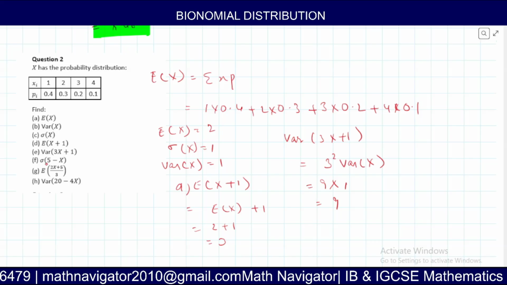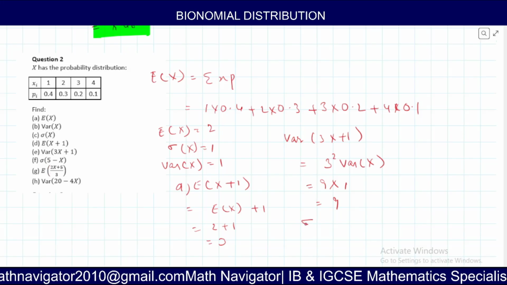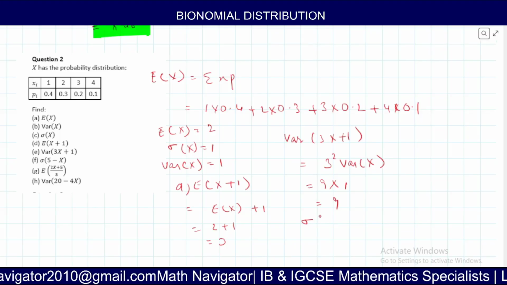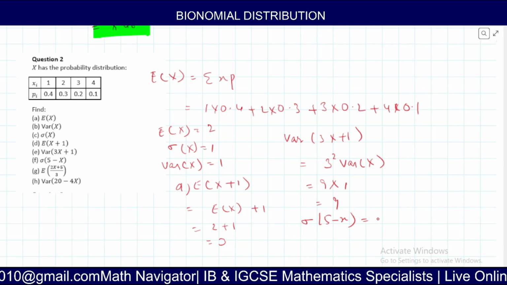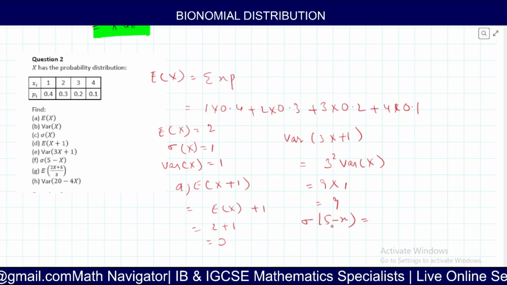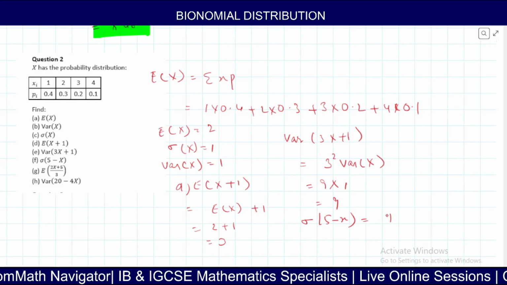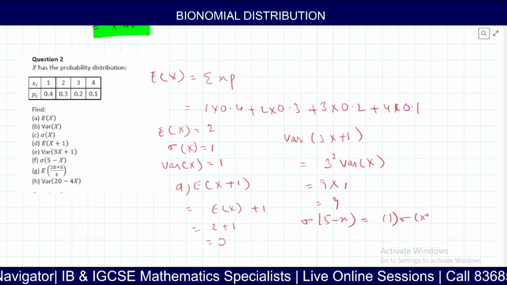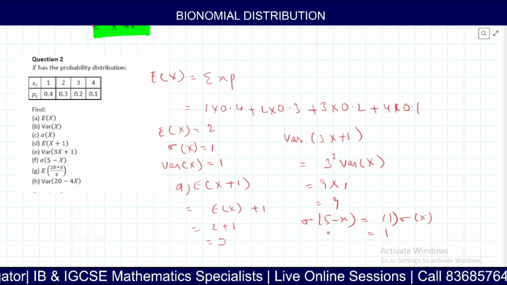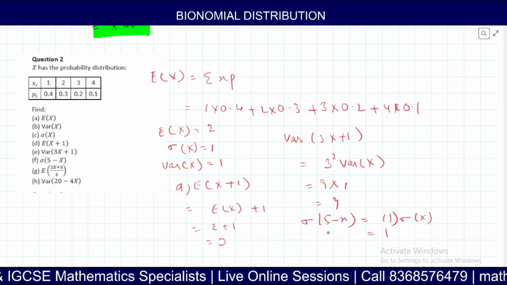Got it? Then we have to do sigma of 5 minus x. Sigma of 5 minus x is equal to the magnitude of this, which is 1, times sigma of x, which is 1 only. So this is my answer.